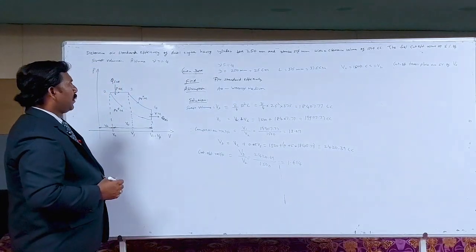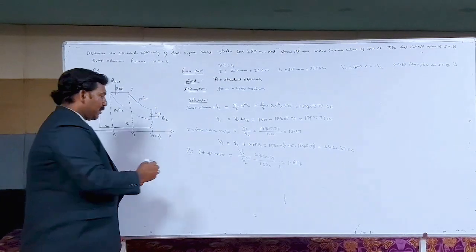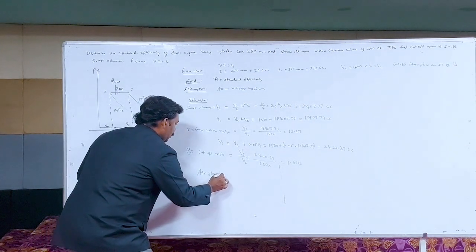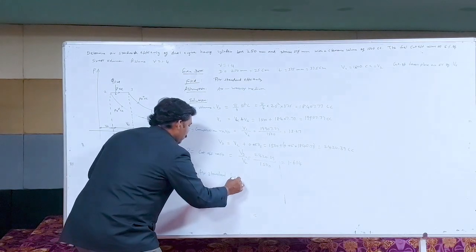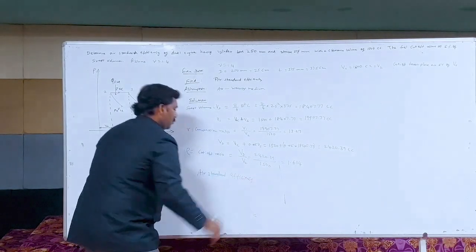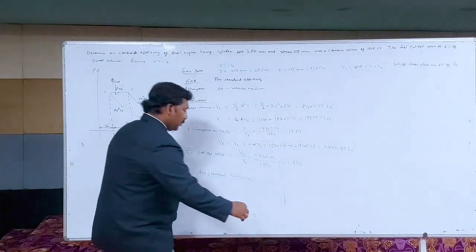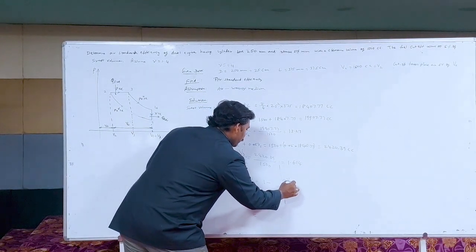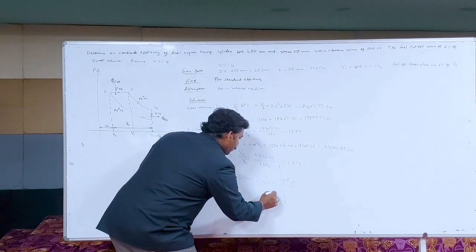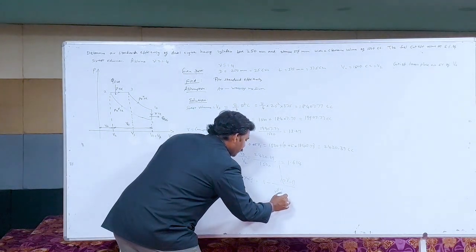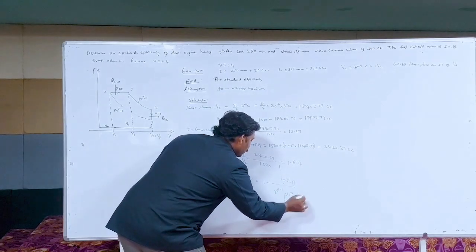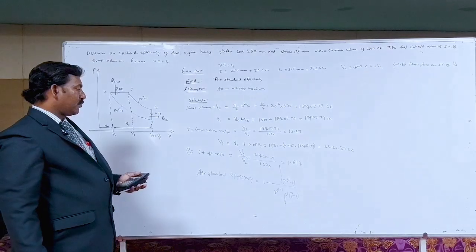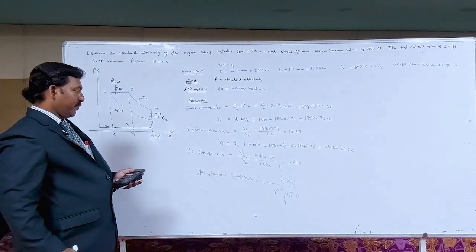Now we have to find out the air standard efficiency. Air standard efficiency is equal to 1 minus rho power gamma minus 1 divided by r power gamma minus 1 into gamma into rho minus 1. Now we have to substitute the values of rho, gamma and r.